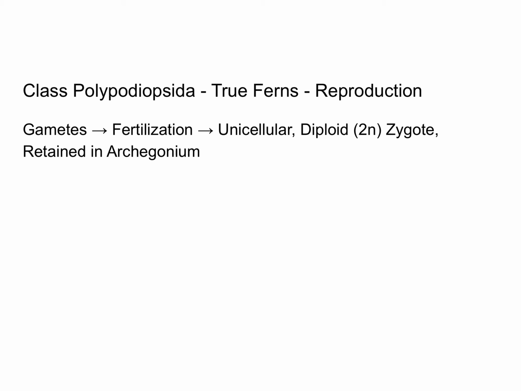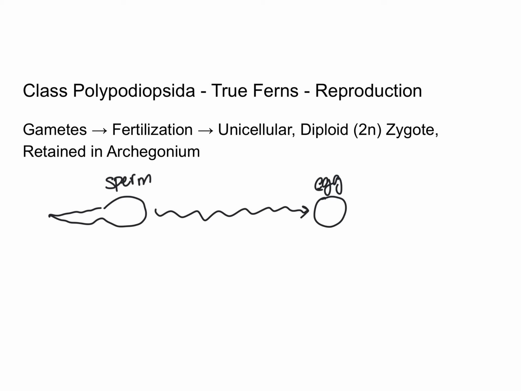During fertilization, the gametes fuse together. So remember we talked about the male gamete being a sperm, and the female gamete is an egg. And the sperm swims over to the egg and they fuse together. Remember, the sperm is carrying one set of chromosomes, so it's haploid, meaning it has one set of chromosomes.